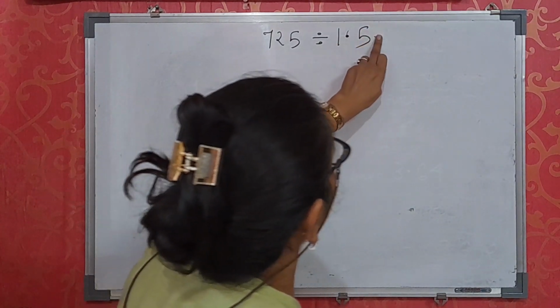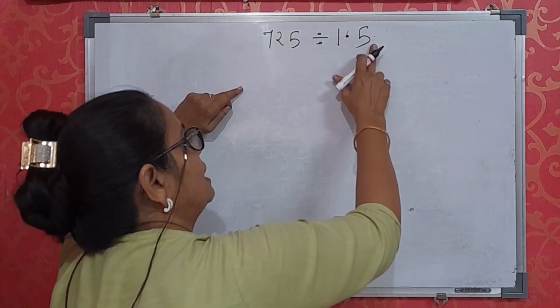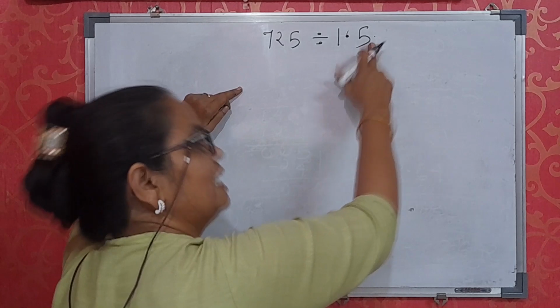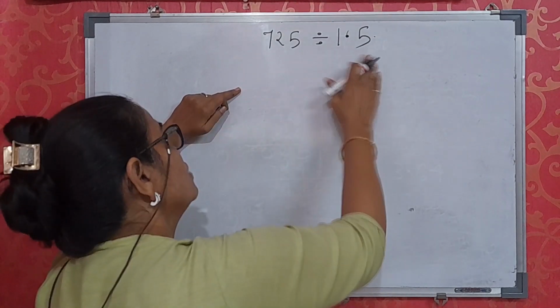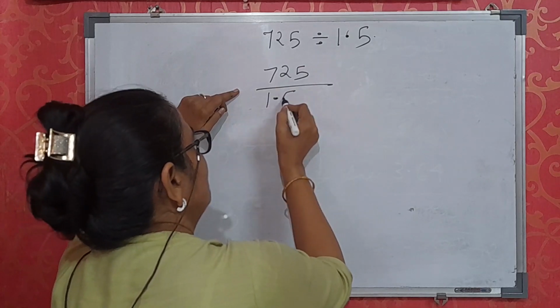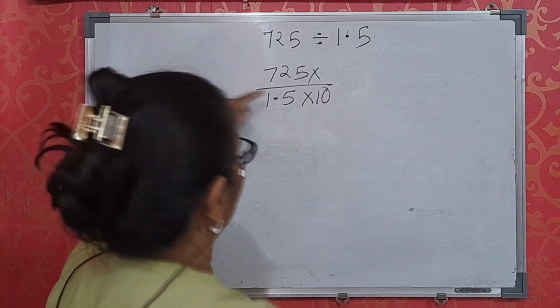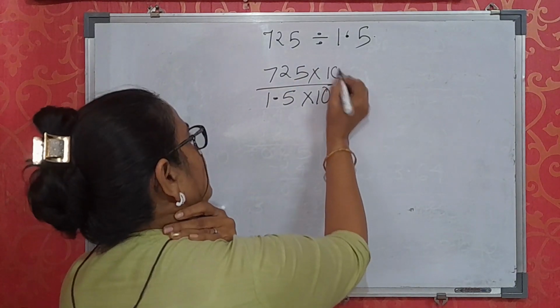So you multiply this number by 10. Suppose we write this in fraction form. When we multiply the denominator by 10, we have to multiply the numerator also by 10.